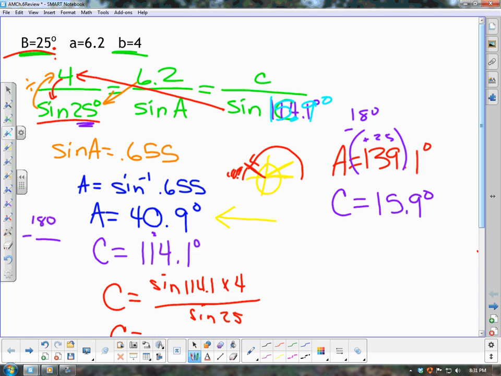And then do the same thing. So side C is going to be sine of 15.9 times 4 divided by sine of 25. And in this case, C will equal 2.59. And now you have solved it for the correct things.